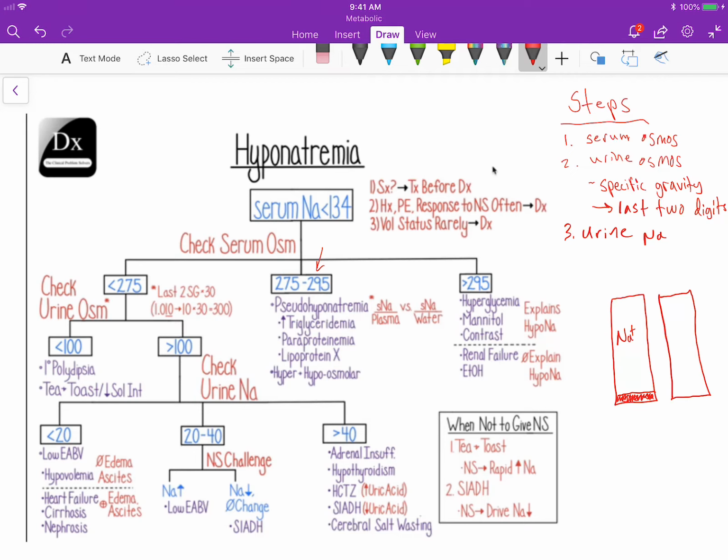However, in conditions like hypertriglyceridemia, lipoproteinemia, whatever the solid molecule, whether it be fat or protein, is taking up space in the blood, the reason it's called pseudohyponatremia is because now imagine that this much of the blood is taken up by a solid component, and then the rest of this volume is used to calculate the sodium.